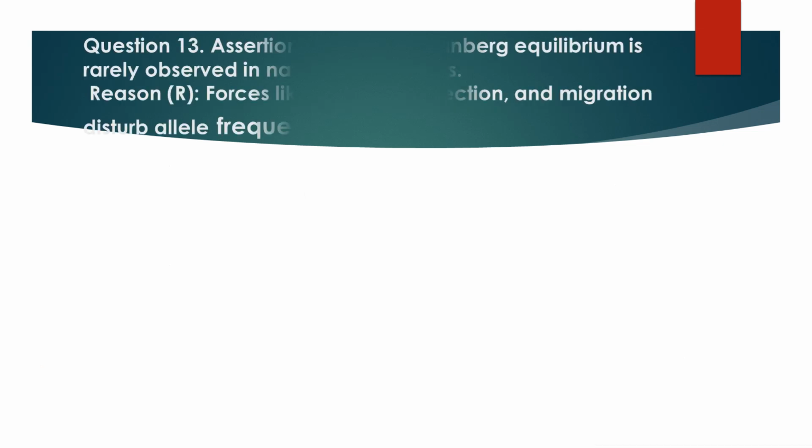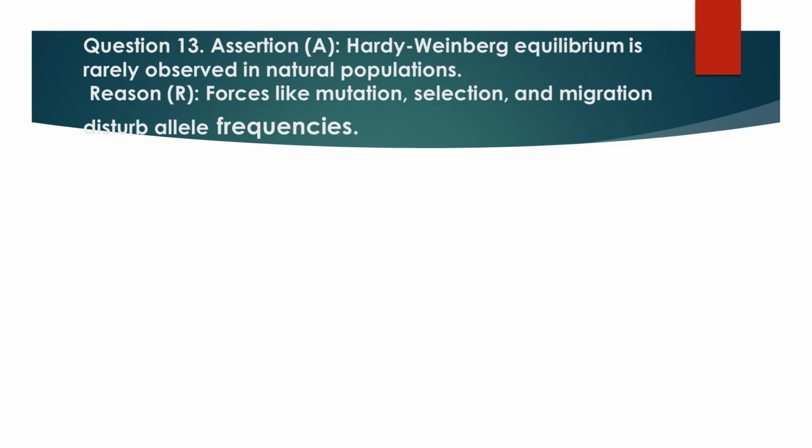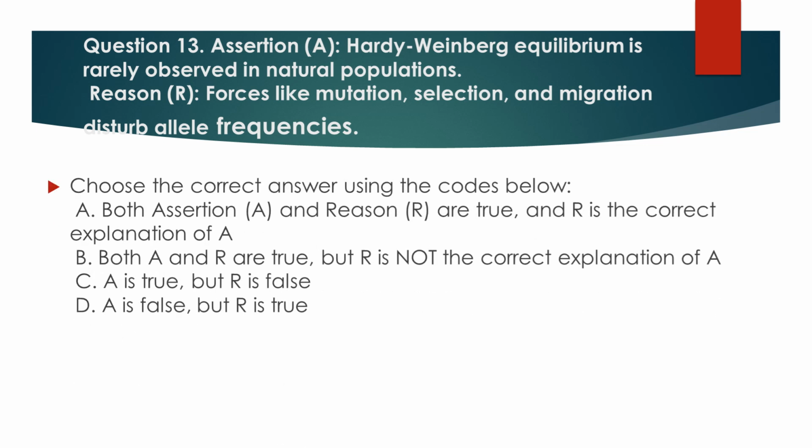Question 13. Assertion A: Hardy-Weinberg equilibrium is rarely observed in natural populations. Reason R: Forces like mutation, selection, and migration disturb allele frequencies. Choose the correct answer using the codes below.